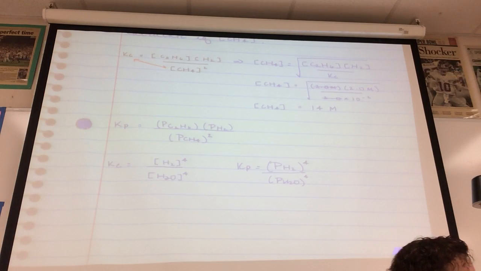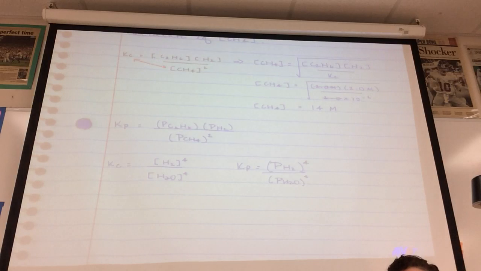Alrighty. There are 2 additional problems in your textbook we're going to take a look at. On page 631, and this is where you'll find all the homework that I'm sure you are actively involved with. 631, number 26.